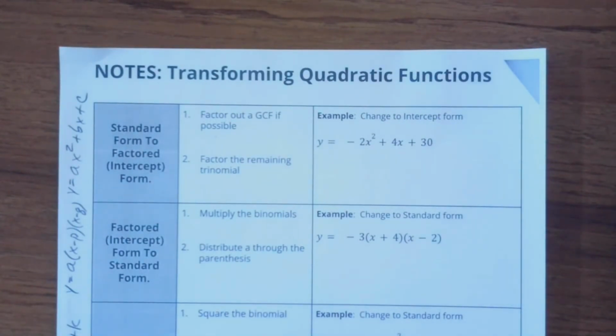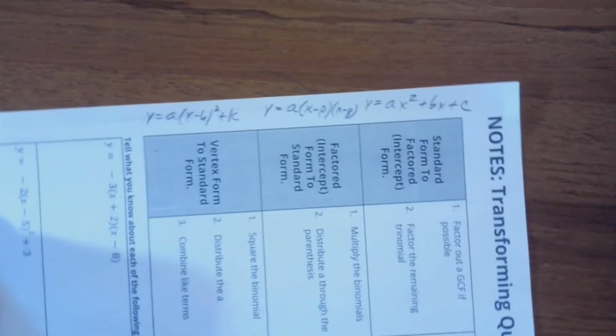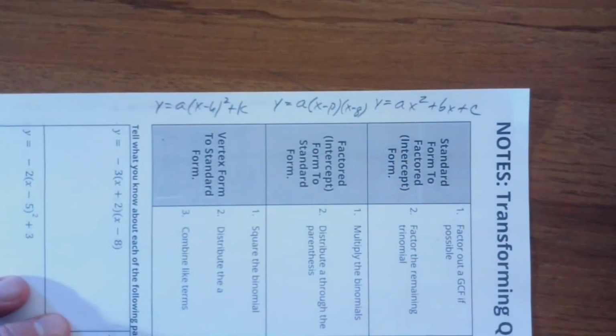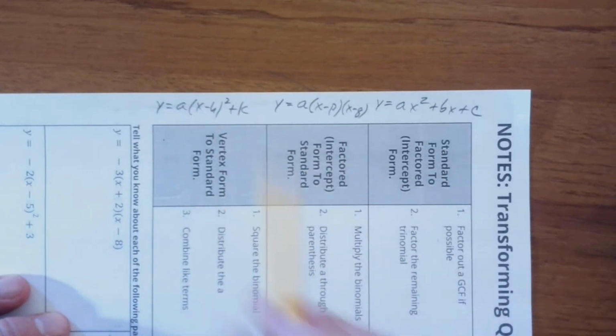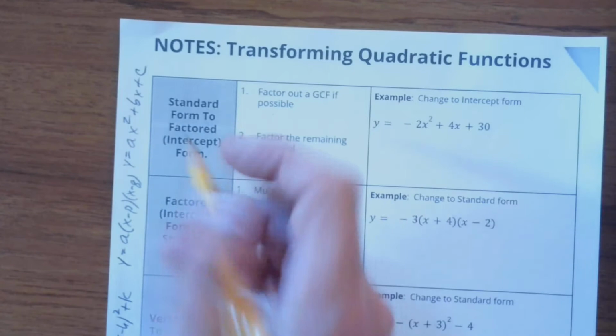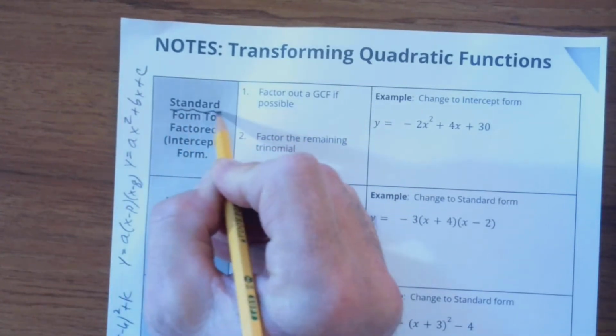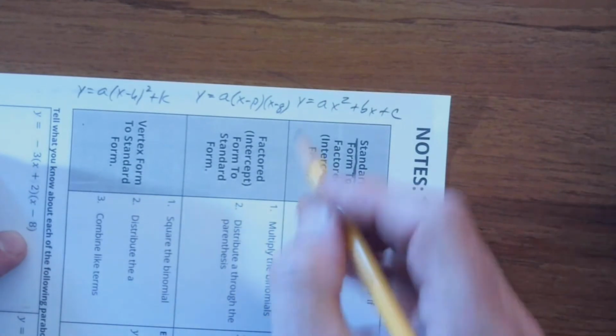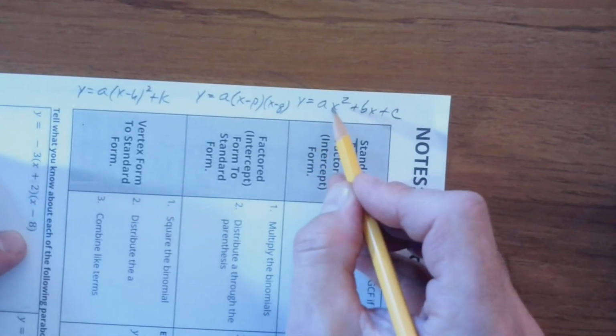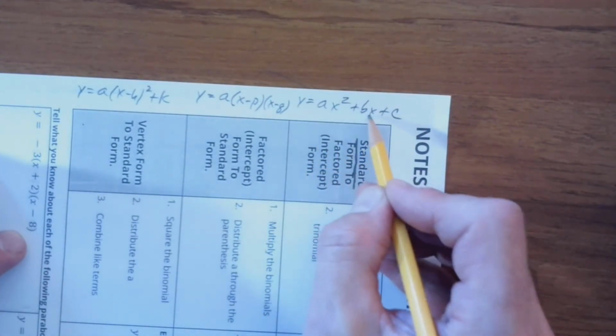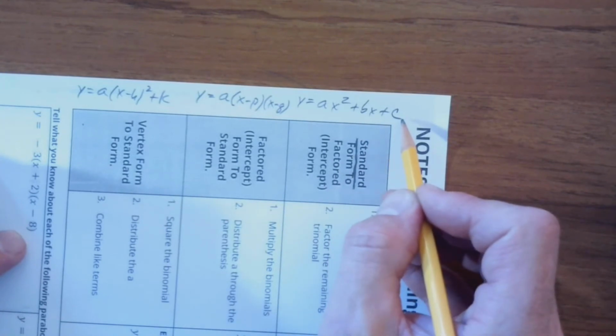Okay, so over on the side here, I wrote the general equations for each of the forms. So for example, standard form is y equals ax squared plus bx plus c.